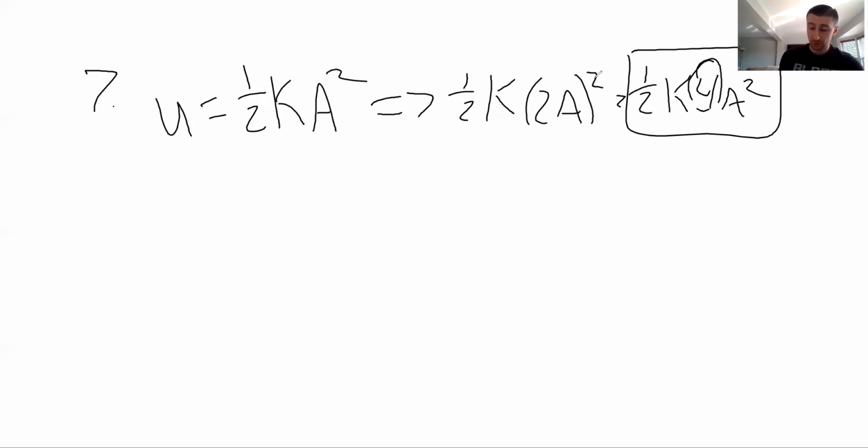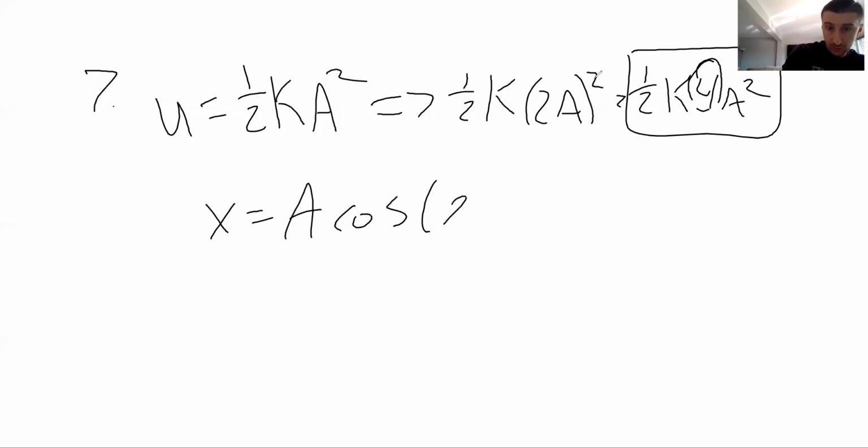So now if I look at maximum displacement, I look at my simple harmonic equation here. It really doesn't matter if you're using sine or cosine here because it's just displacement. A cosine 2 pi frequency time.